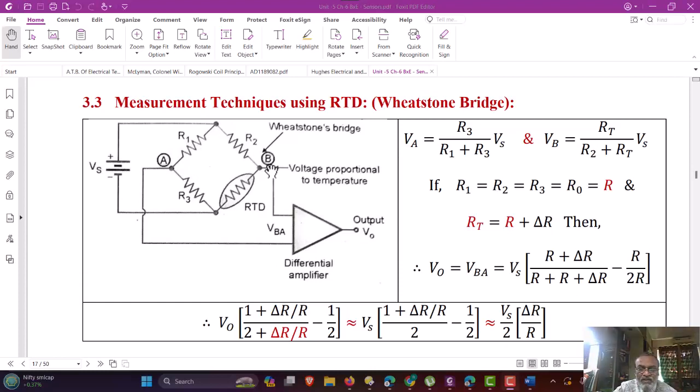Please note that the voltage divider theorem was already studied in previous classes, and it is very simple, based on Kirchhoff's voltage law applied to the loop.